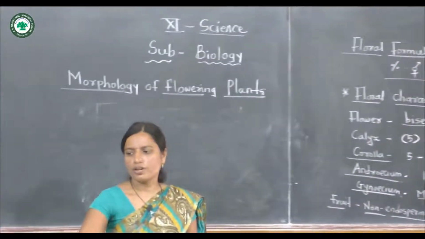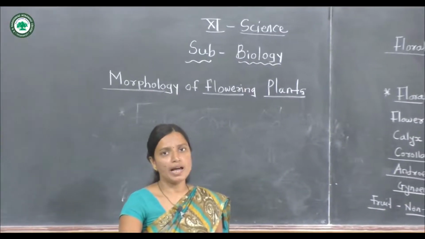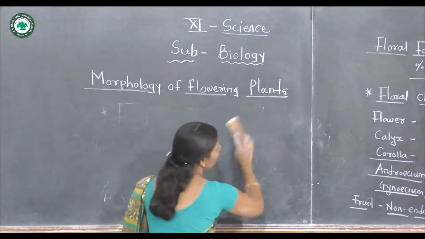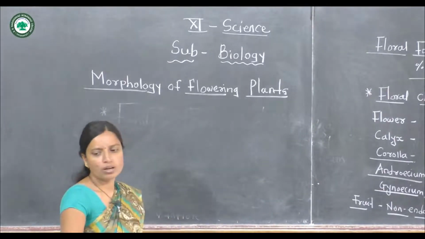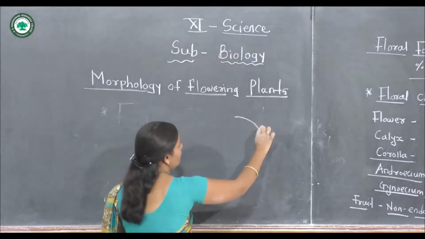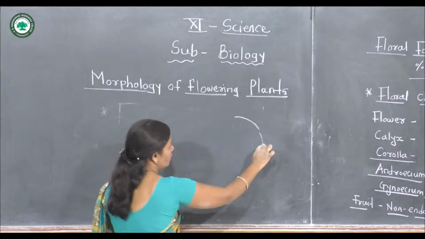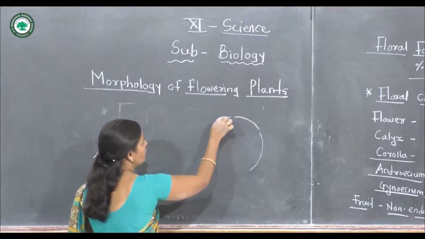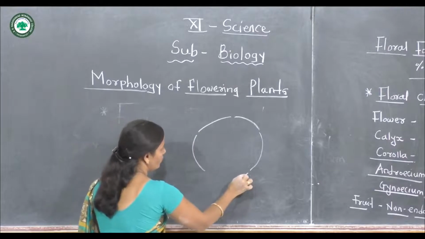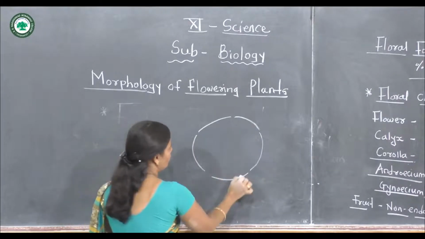The next point is the floral diagram of this family, showing the floral formula. In this floral diagram, the first whorl is the calyx, 5 in number.